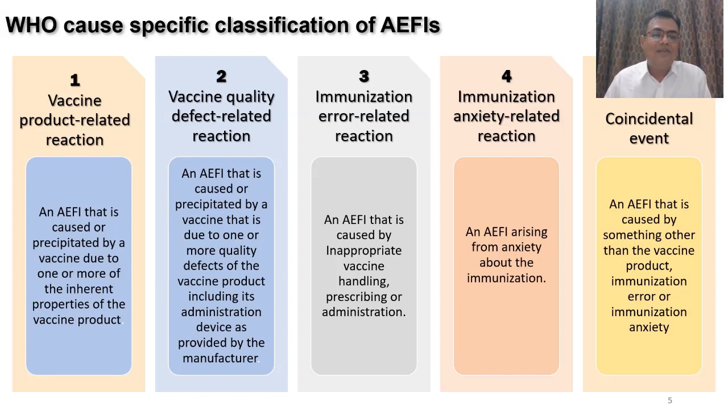Sometimes, due to these inherent properties of the vaccine products, adverse events may happen, and these are classified as vaccine product related reactions because they are an inherent property of a vaccine product.